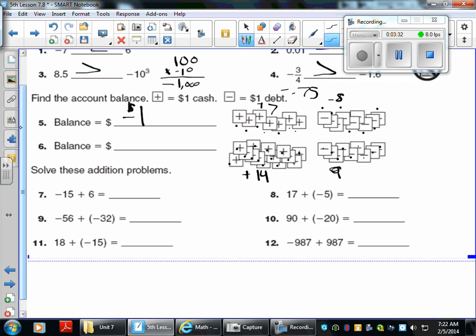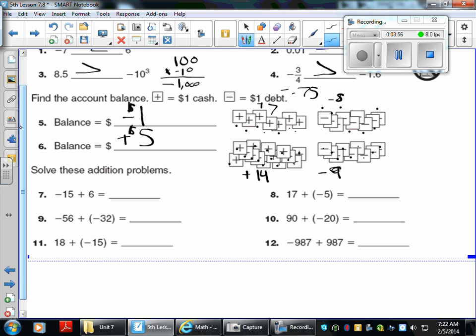I have 9 in the negative. If I'm combining those, I'm taking 9 away from the 14 I already have, which would give me an answer of 5. I will have $5 plus credit. I had more in the positive than I did in the negative, so my answer still remains a positive.